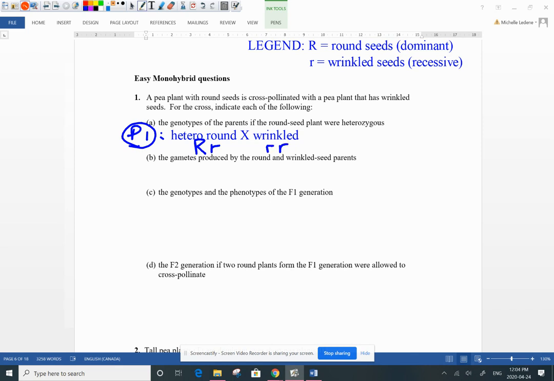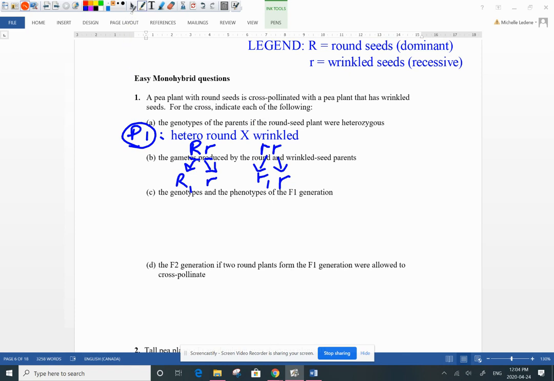It has two of the recessives. So there are the genotypes for these parents. Now what's my next step? Decide what the gametes are. Heterozygous has a dominant allele and a recessive, so the gametes produced by this parent are both of them. Wrinkled has no dominant alleles, so it can only have recessive little r alleles.